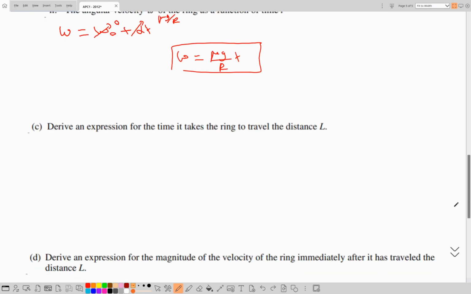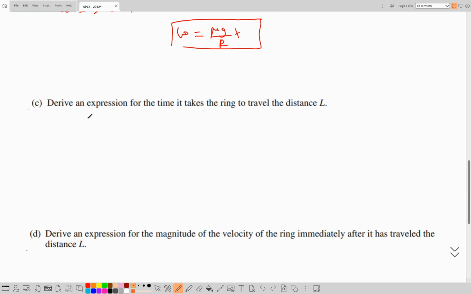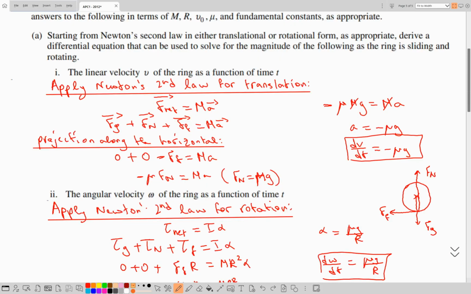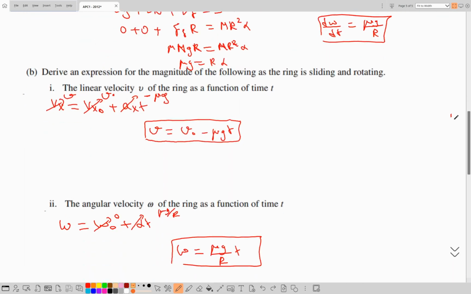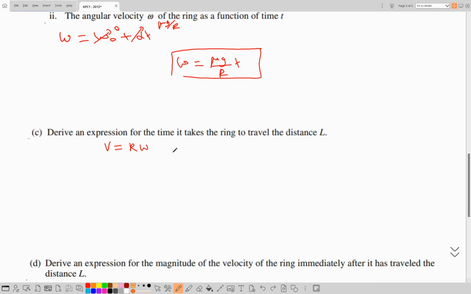So the only equation at our disposal to solve for the time is V equals R omega. Let me write here, at the end of L, the reason is that we are rotating with no sliding.